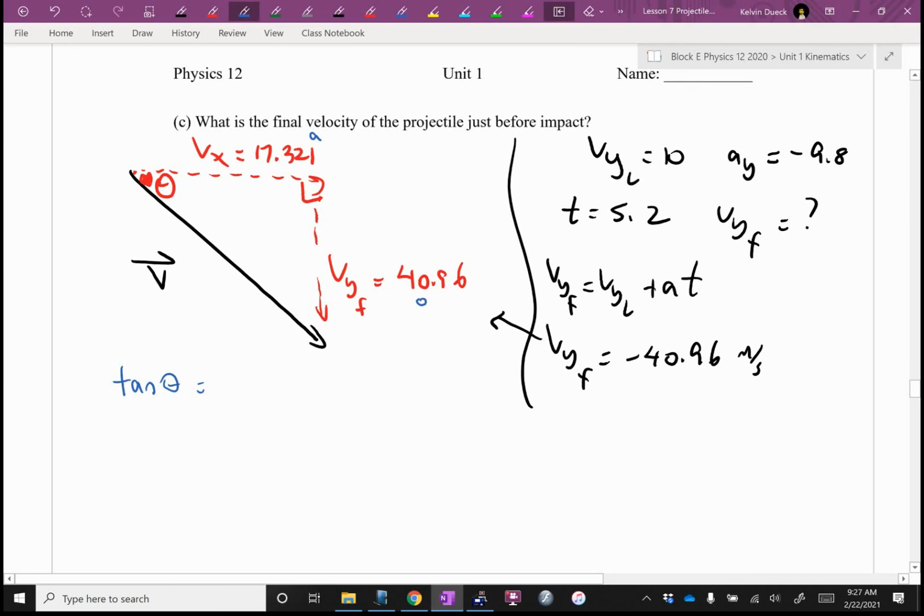Tan theta equals opposite over adjacent.